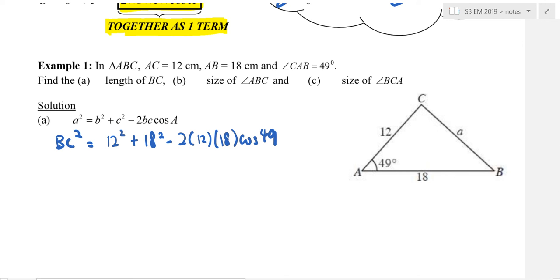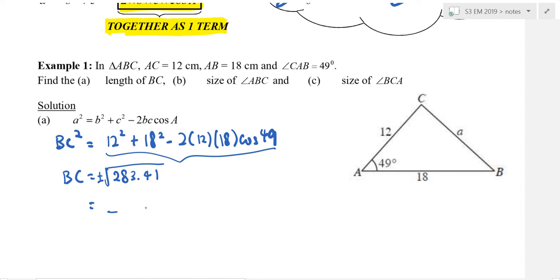Now, can you write this in one step and tell me what is BC? Square root of 25, plus minus 283.4. No, I want 561.